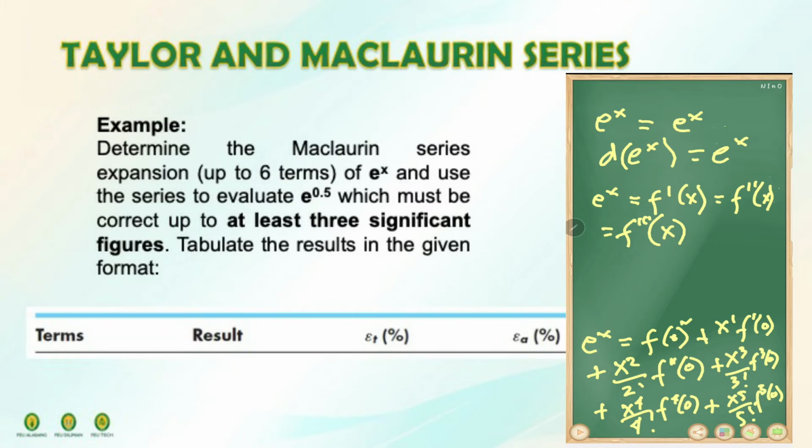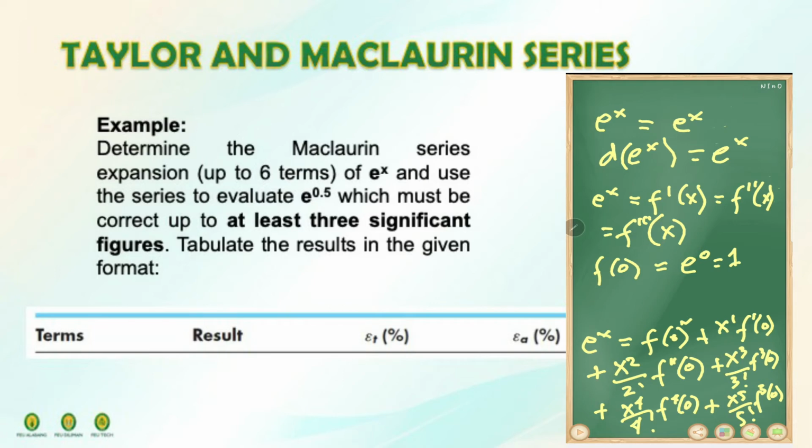Okay, so let's take the Maclaurin representation of e to the x. We have to find f of 0. What is f of 0? F of 0 means e raised to the x, so we substitute x as 0. Therefore, e raised to 0 is equal to 1.